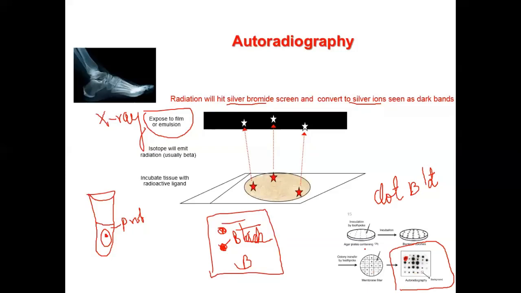And when we develop, these silver ions form a black blotch on the X-ray sheet, and the remaining areas of silver bromide get washed away and are blue in color. If you have one at home, you can take an X-ray sheet and see that wherever your bone is scanned, the bone is seen in white color, and the remaining areas will be either black or blue in color.